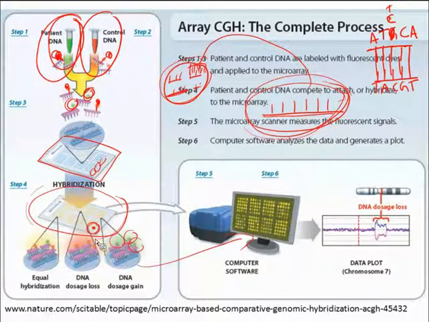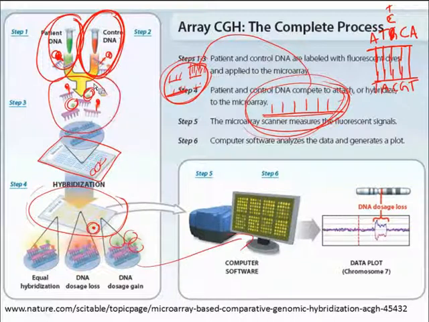So to more easily compare microarrays, you put in competitor DNA. So you're going to have a control DNA right here. And now the two DNAs will fight. You will have the control labeled red and the patient labeled green. They will all be added to the microarrays.